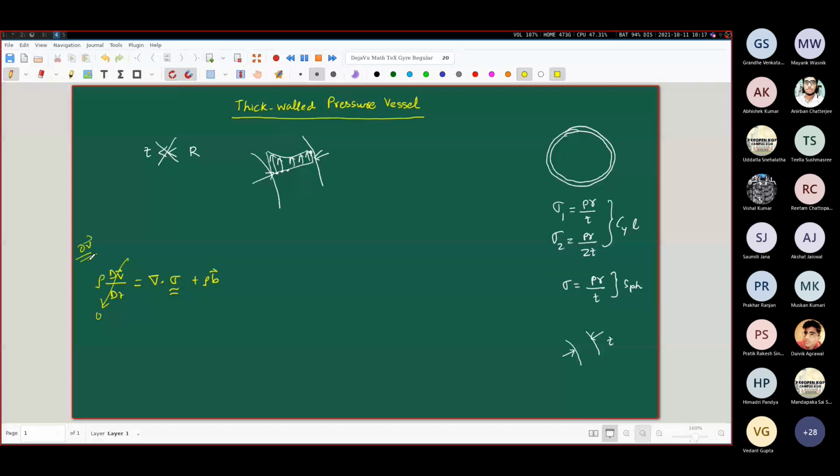But in a Lagrangian framework, it's straightforward that if things are not time dependent, then the material time derivative is equal to 0. And in addition to that, if you say that the body forces are negligible, then you ultimately end up with del dot sigma, the stress tensor, is equal to 0. And this will give you 3 equations. And the 3 equations in the Cartesian coordinate system will look like this.